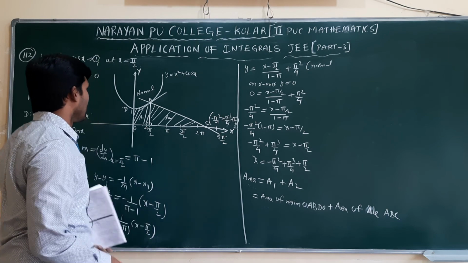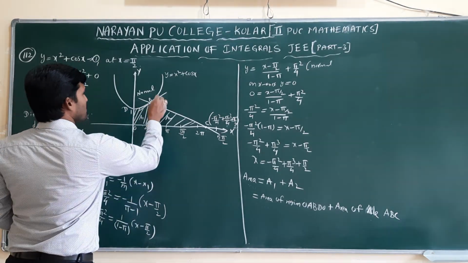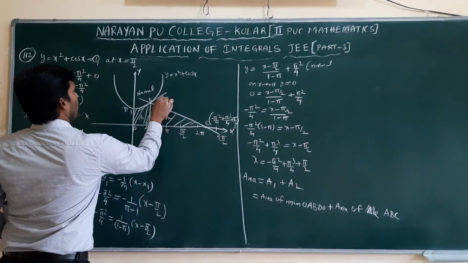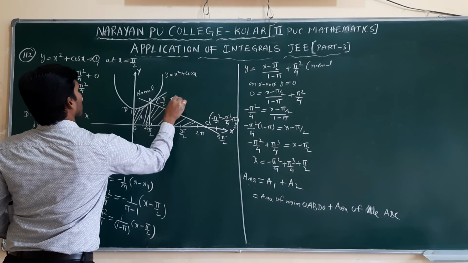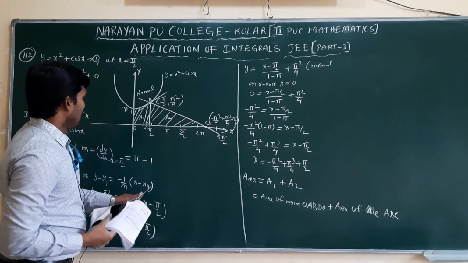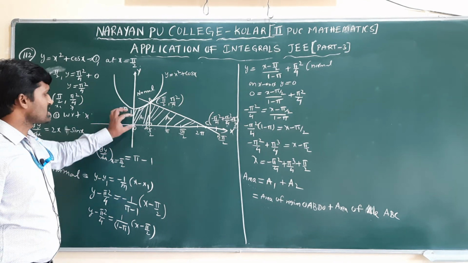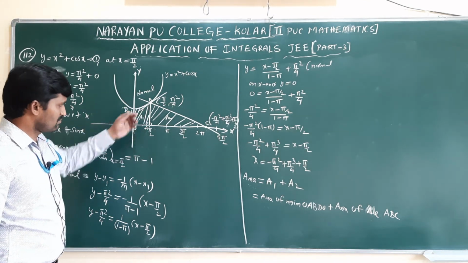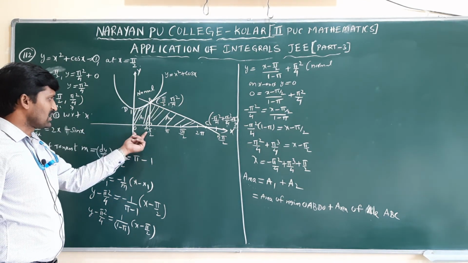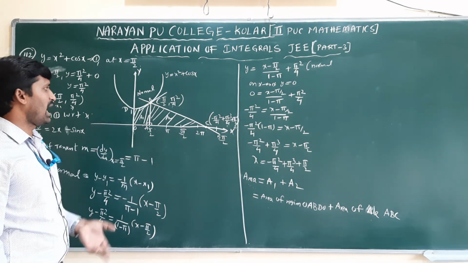Height we know already. Height means this is y. This point B we already know: point pi by 2 comma pi square by 4. That means the horizontal length is pi by 2. The vertical value is y, the height we know already.